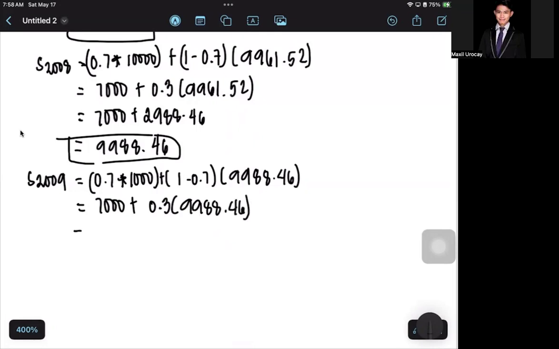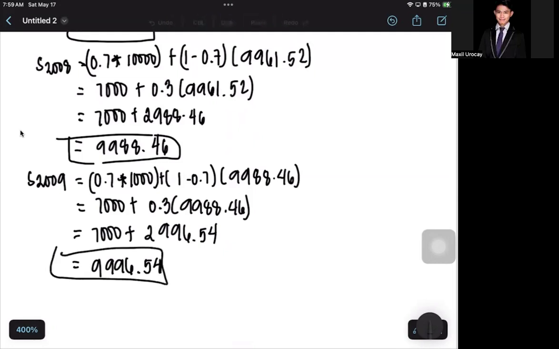So that will become 0.3 times 9,988.46, and that will equate to 2,996.54, and that will become 9,996.54. And that will be the forecasted data for 2009.